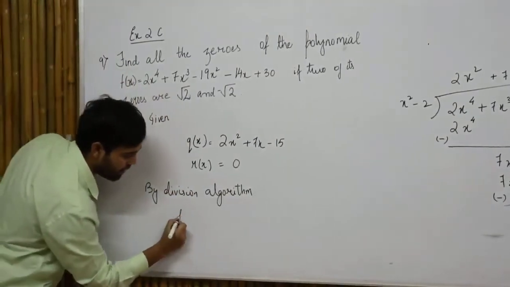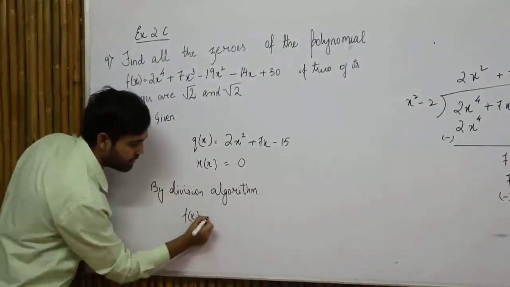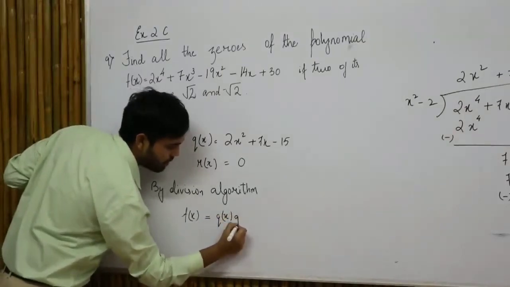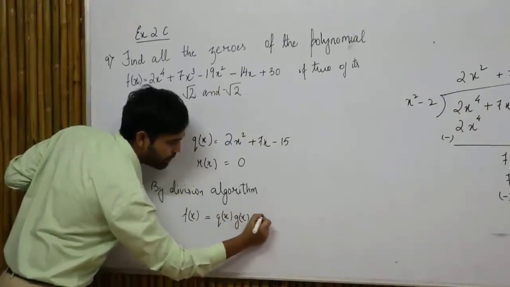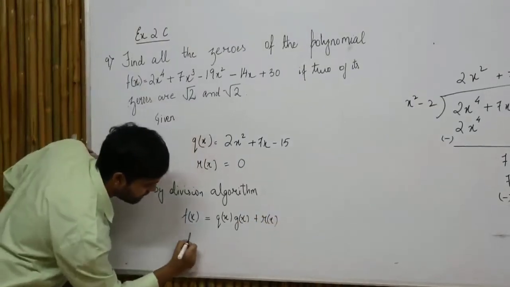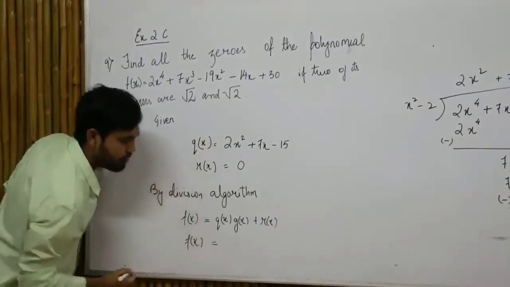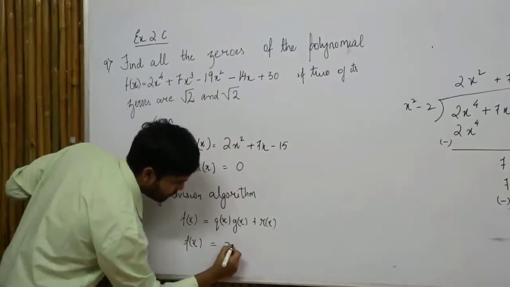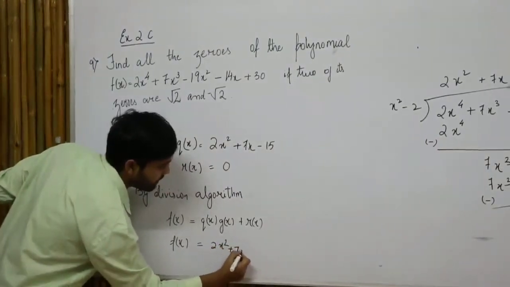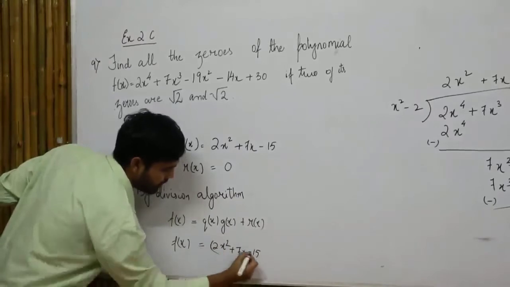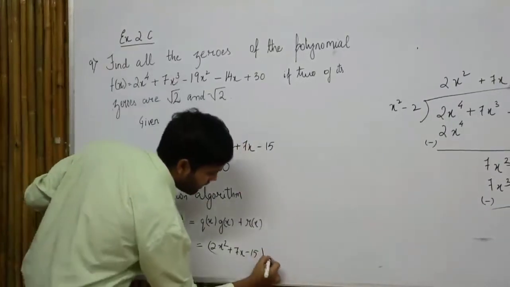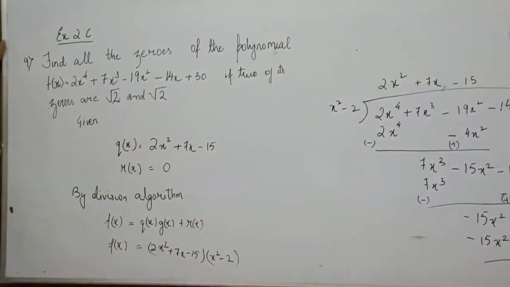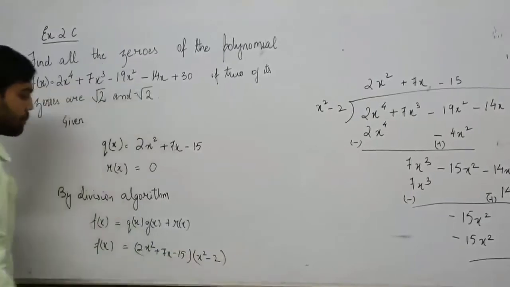So f of x is equal to q of x into g of x plus r of x. I'll put the values: 2x squared plus 7x minus 15 into g of x, which is x squared minus 2. The remainder is 0, so I am not writing that part.